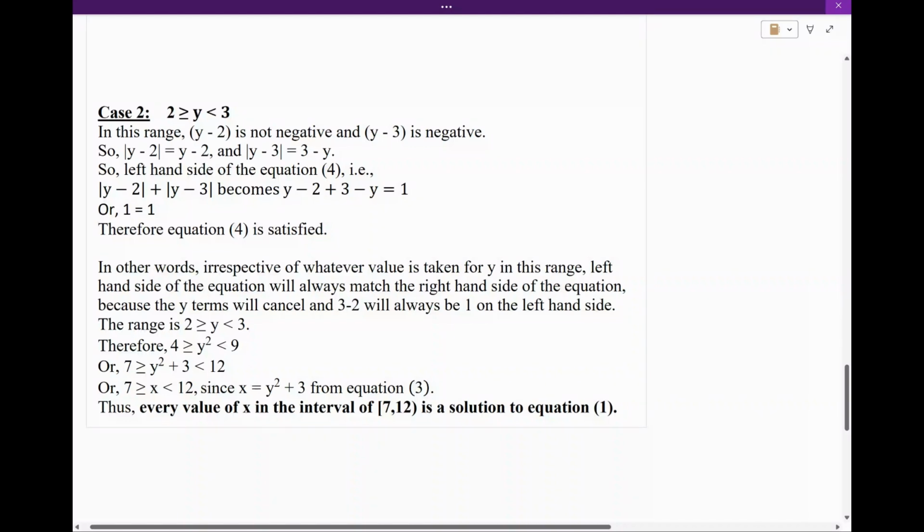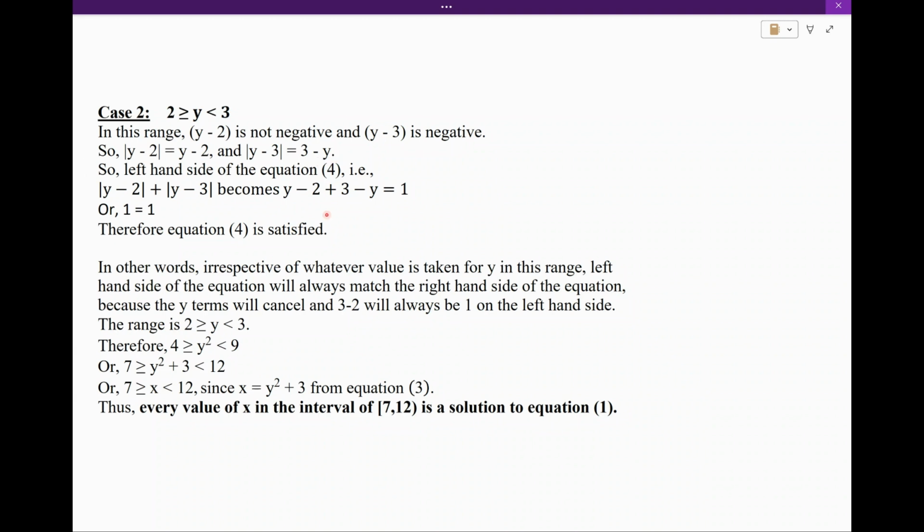Case 2: 2 less than or equal to y less than 3. In this range, y minus 2 is not negative and y minus 3 is negative. Therefore, the absolute value of y minus 2 is the same, that is y minus 2, but the absolute value of y minus 3 is equal to 3 minus y.